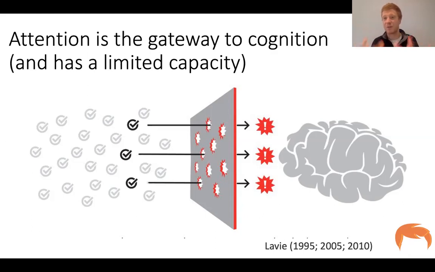So their capacity is filled up by the task. Actually, there's not much space to process anything else that's going on outside them. So that's potentially really valuable, and that would obviously be our goal as educators, to make sure that this very limited attention capacity is occupied by task relevant information.